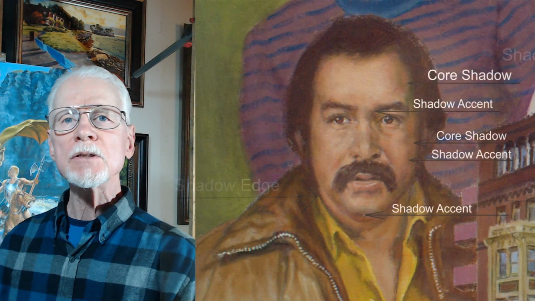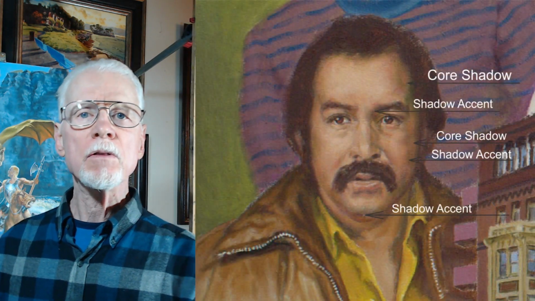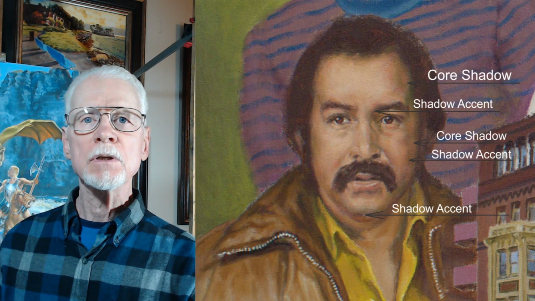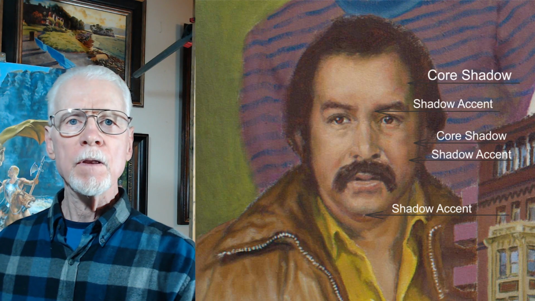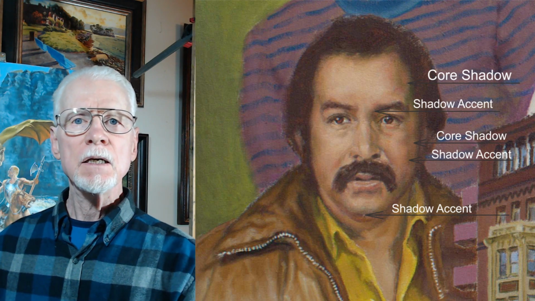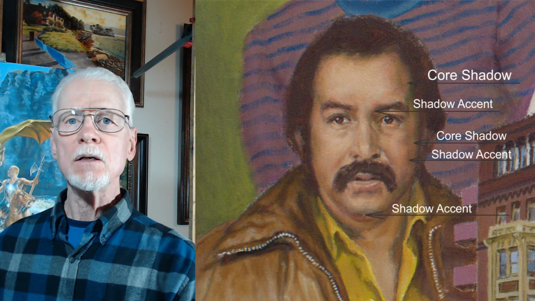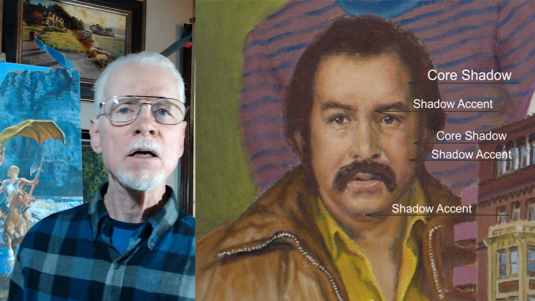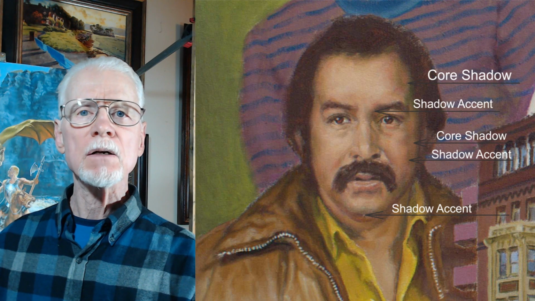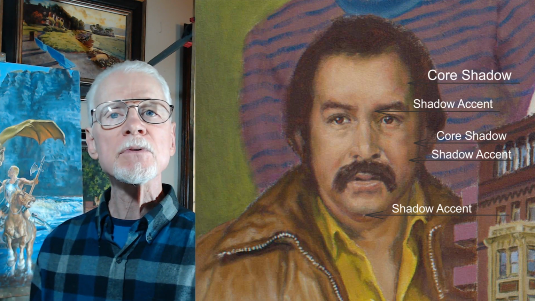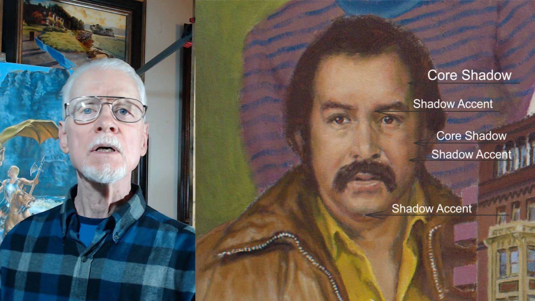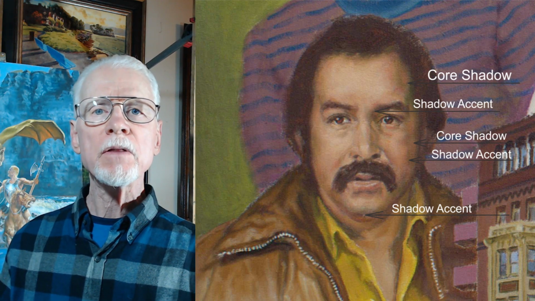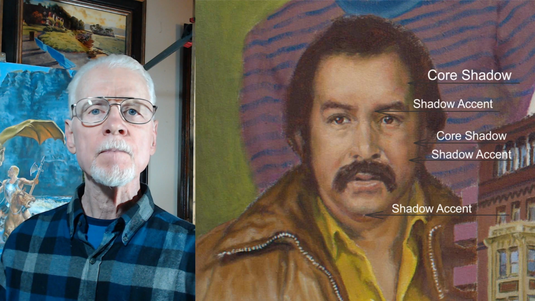From the mysterious shadow edge, we enter the form shadow, which also has 4 tones. The first tone, the shadow accent, is the darkest part of the shadow and usually rendered as a thin, dark line covering the shape of the shadow. Next comes the core shadow tone, slightly lighter than the shadow accent, but darker than the shadow edge.